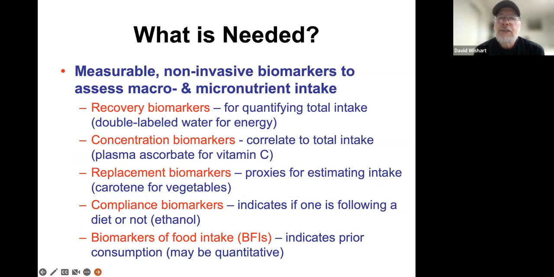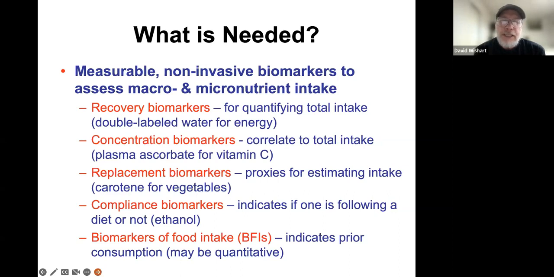So there are things like double-labeled water, which is the best method for quantifying total intake. There are things like measuring plasma ascorbate to understand vitamin C intake, looking at carotene as a marker for vegetable consumption, there's compliance biomarkers to look to see if people are breaking the rules or drinking things like ethanol.